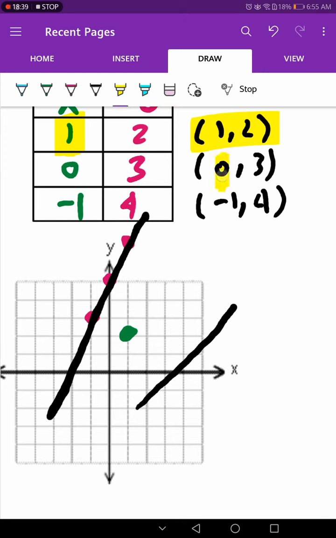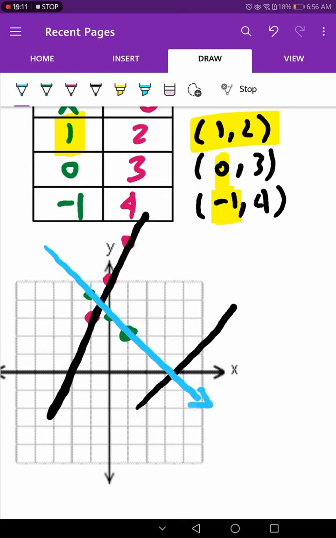No left, no right, but 3 up. 1, 2, and 3. Great. Here, 1 step to the left and 4 up. It is here. Let me erase this and connect the line with this. You see?